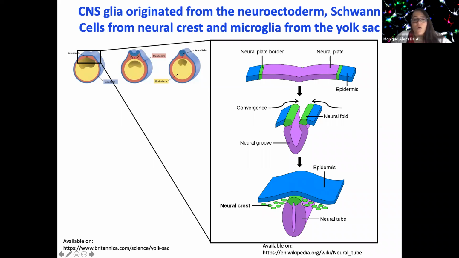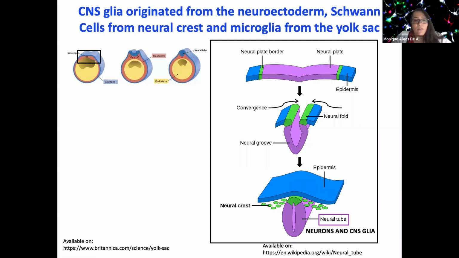So neuroepithelial cells form the wall of the closed neural tube, and the histologic terminology given to this is neuroectoderm. That's why we say that the glial cells within the CNS and neurons are formed by the neuroectoderm.